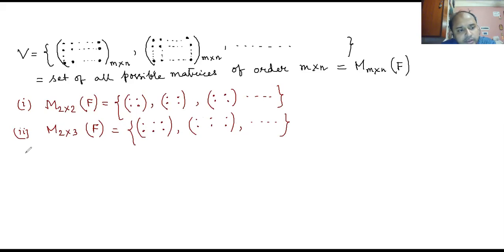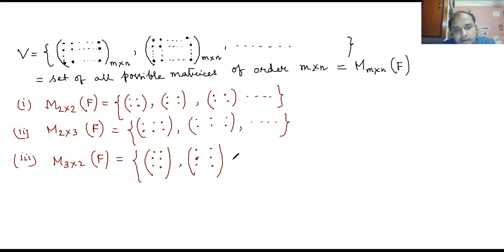When we talk about M 3 cross 2 F, then we have the elements like this, and so on. According to our calculation which we did in the first class, this is a vector space, this is a vector space, this is a vector space.